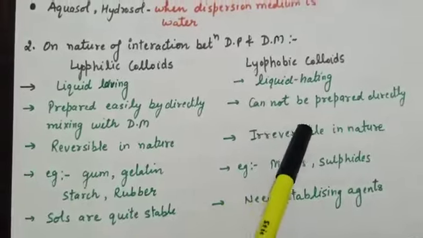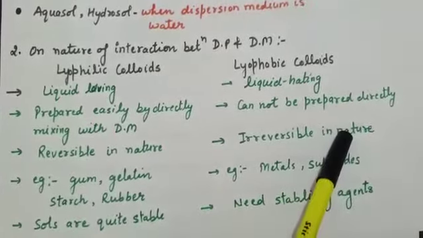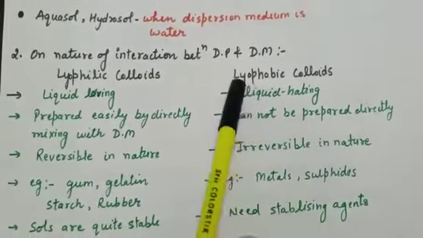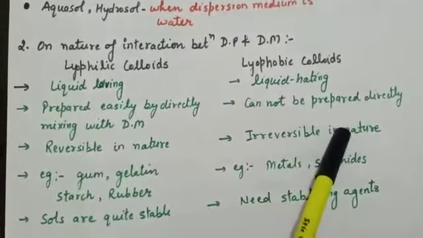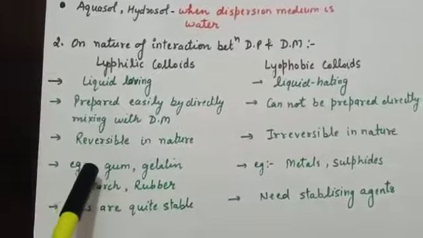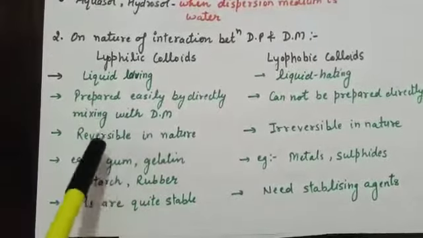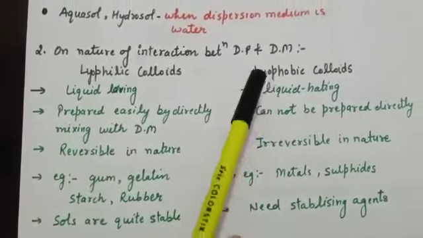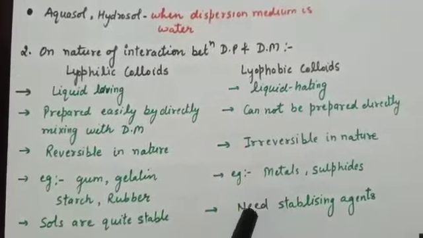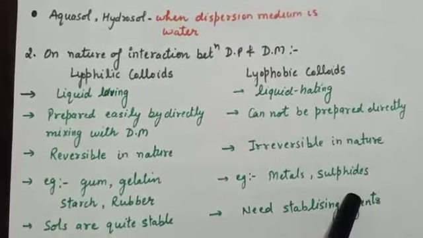Whereas lyophobic colloids are irreversible in nature, meaning once we get lyophobic colloids, we cannot separate dispersed phase and dispersion medium. Next point is, lyophilic sols are quite stable, whereas in case of lyophobic colloids, we need a stabilizing agent.